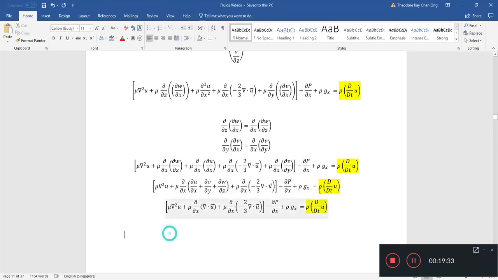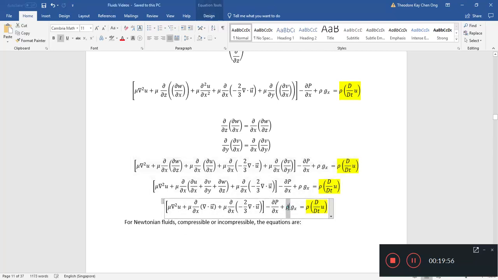So I have not made any assumption, except that it's a Newtonian fluid. So for Newtonian fluids, compressible or incompressible, the equations are this, 1.